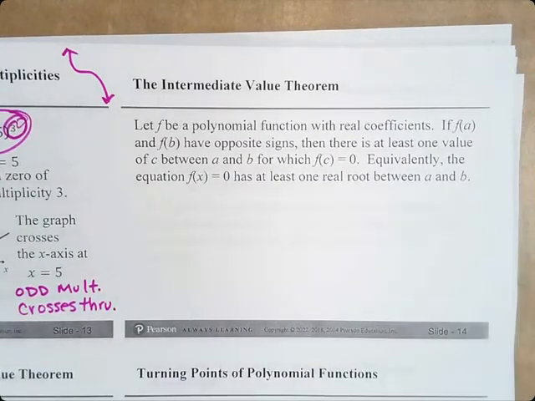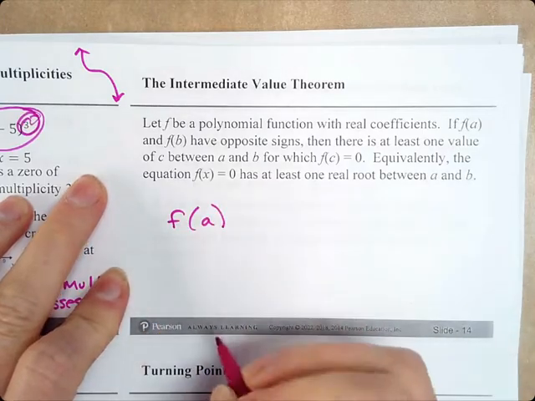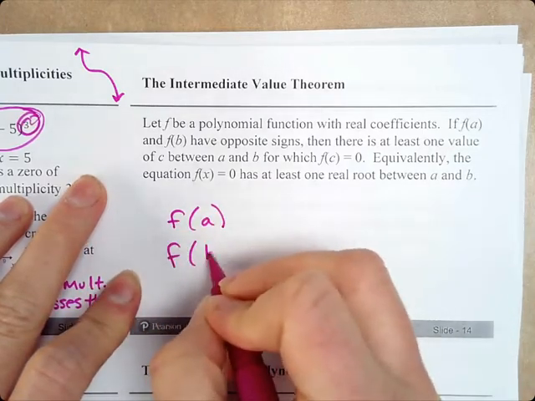Okay, the intermediate value theorem says you look at whenever x is two different values and then see if there's a solution between those two numbers. So you're going to look at f of a and compare it to f of b.